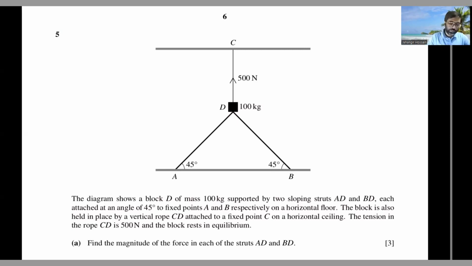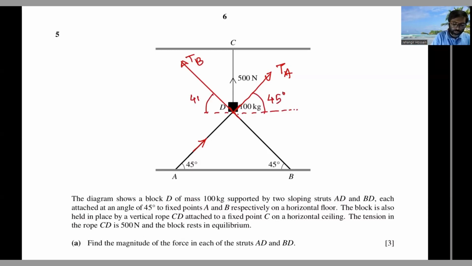The thrust is inward, so let's show it here: thrust provided by AD, and thrust provided by BD, both making an angle of 45 degrees with the horizontal.